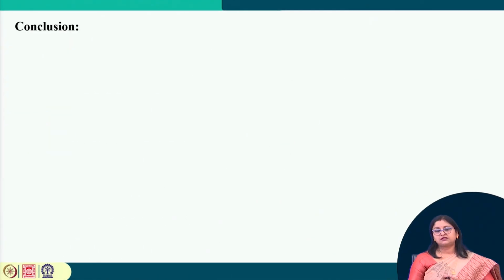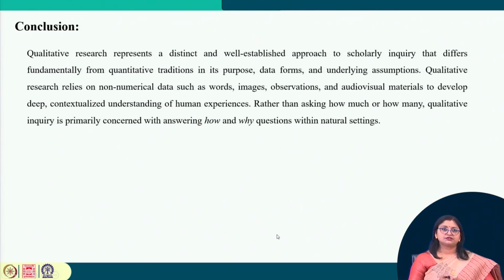So, overall this qualitative research represents a distinct and well established approach to scholarly inquiry that differs fundamentally from quantitative traditions in the purpose, data forms and underlying assumptions. Qualitative research relies on non-numerical data such as words, images, observation and audiovisual materials to develop a deep contextualized understanding of human experiences.